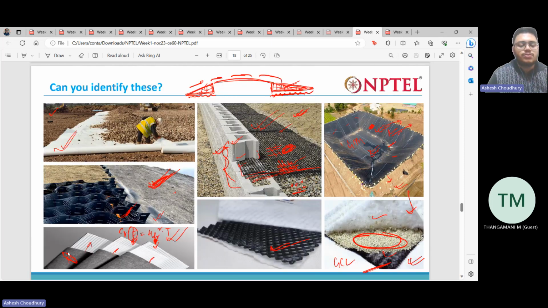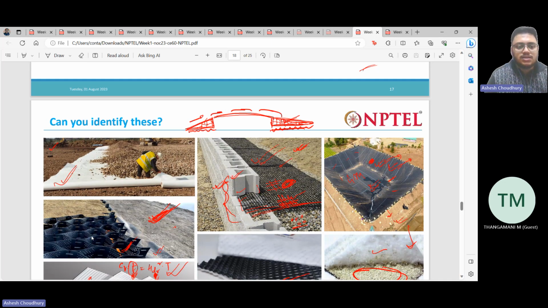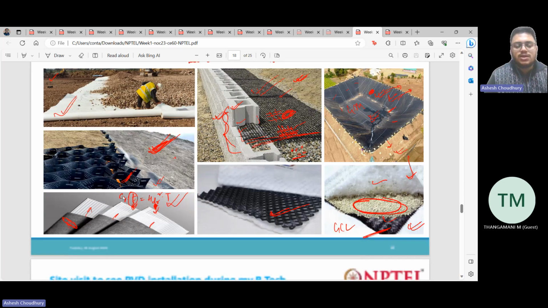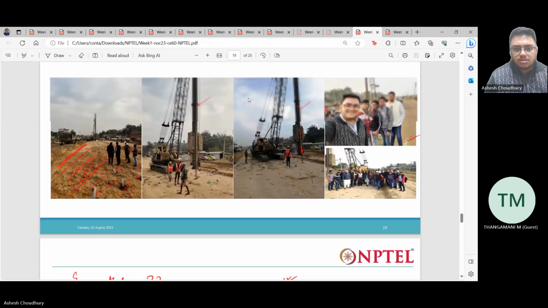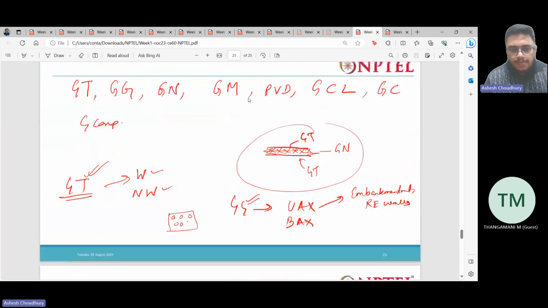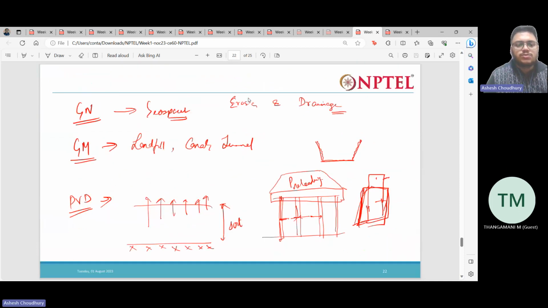We had also solved some problems regarding geocell and also regarding PVDs. So we discussed all the types of geosynthetics.